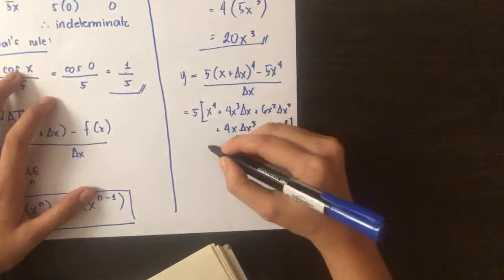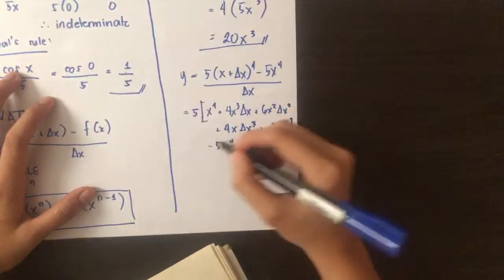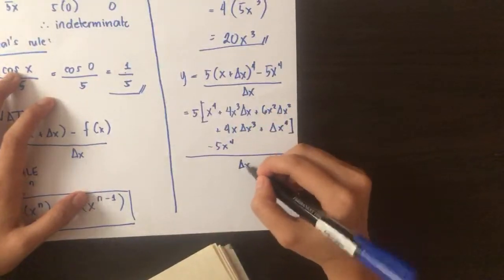Ayan. Tapos minus 5x raised to 4 over delta x.